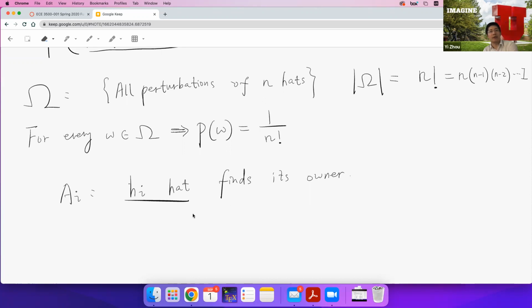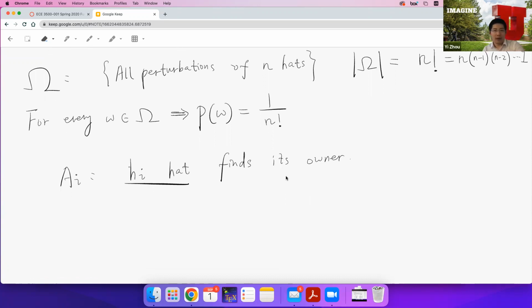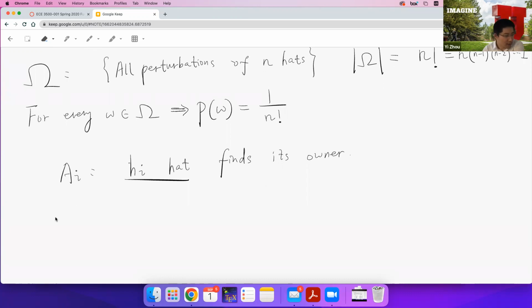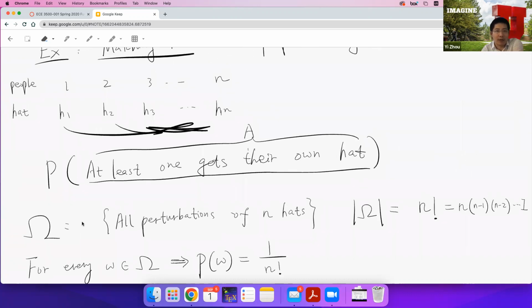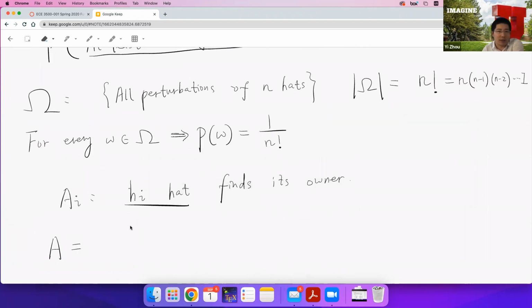This event means the i-th hat Hi is somehow returned to its original owner. Then if you think about that, the event A, which is at least 1 person gets their own hat, is simply the union of these Ai.